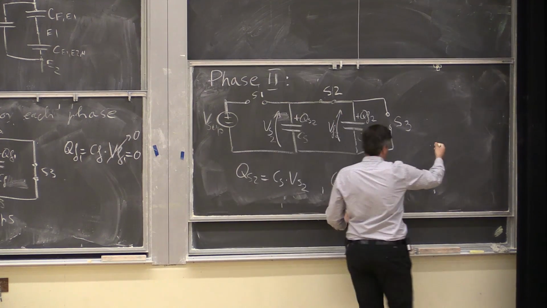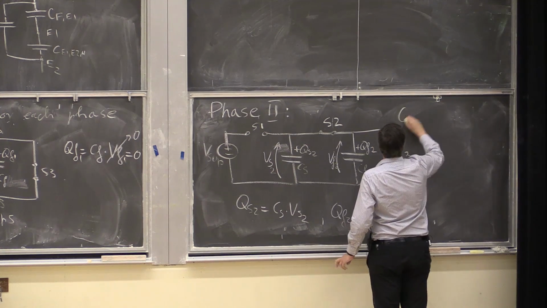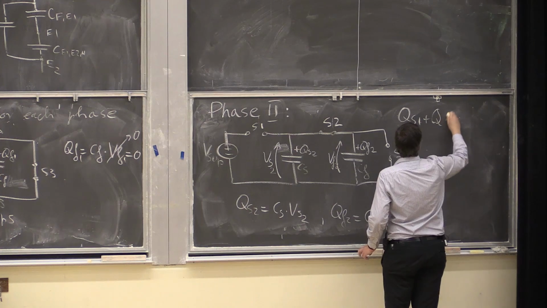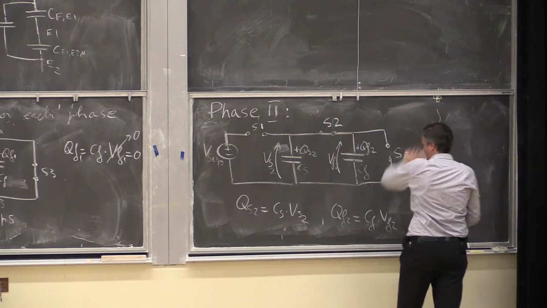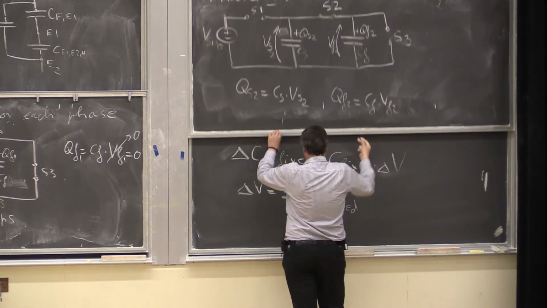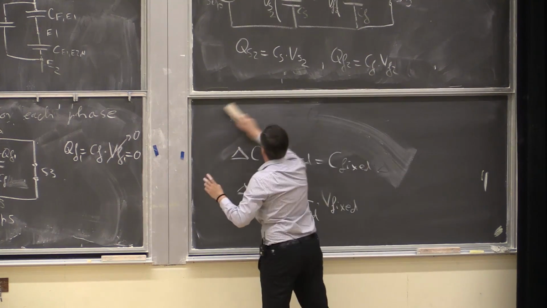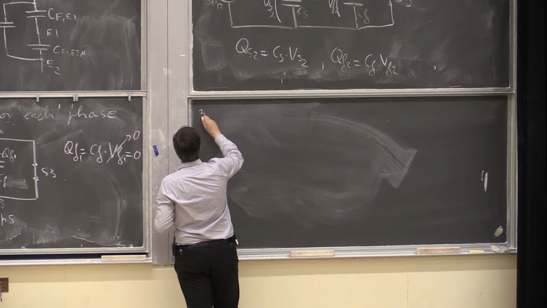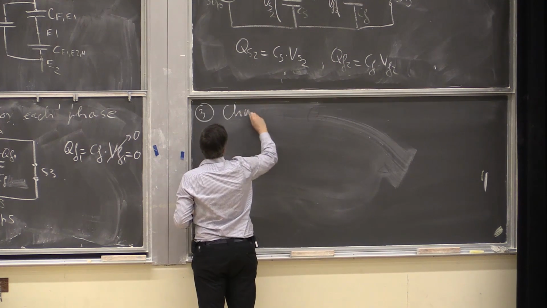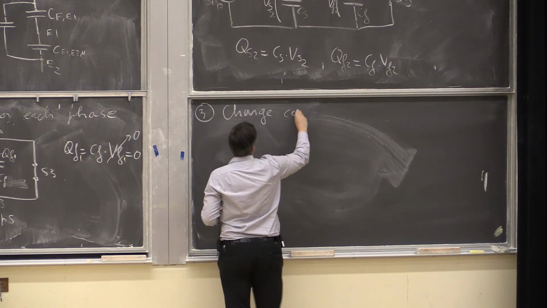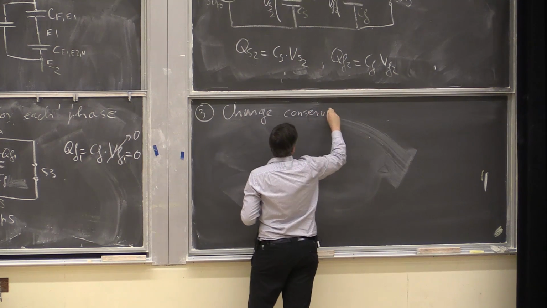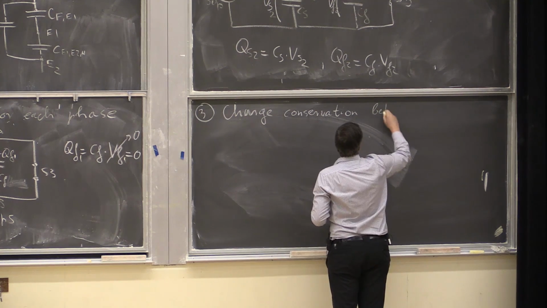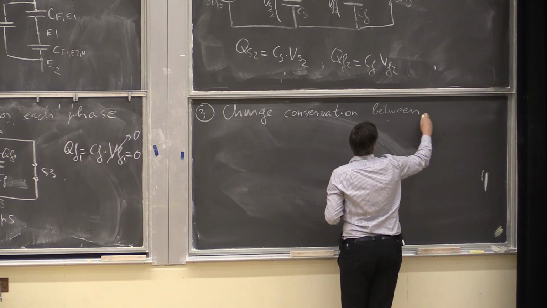So then I can write the charge conservation for this node over here. So we have charge conservation. That's step 3 between phase 1 and phase 2.